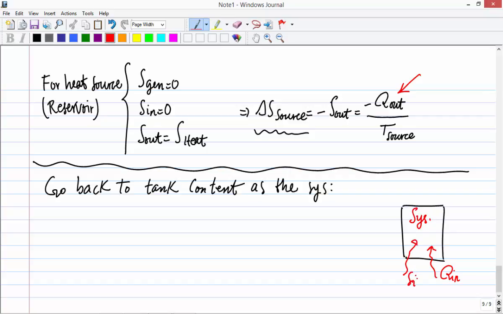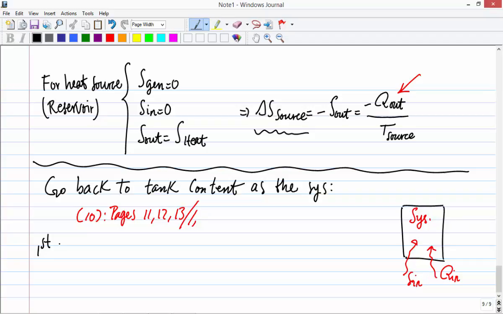Anyway, I don't care now about this entropy. So take a look at these pages, please, 11, 12, and 13.